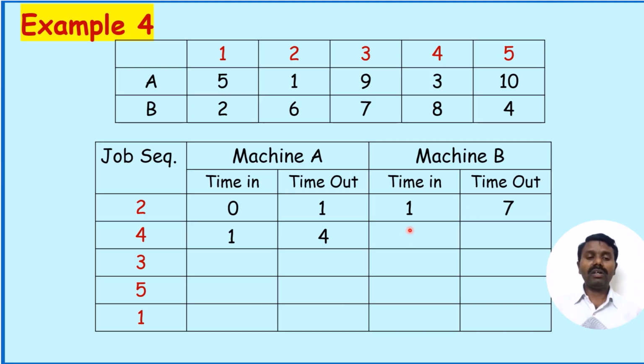So order 4 can be processed only after 7 minutes, because up to 7 minutes machine B will be engaged with order 2. Then here the in time will become 7 minutes. Then it will take 8 minutes on machine B, so 7 plus 8, it will be 15.